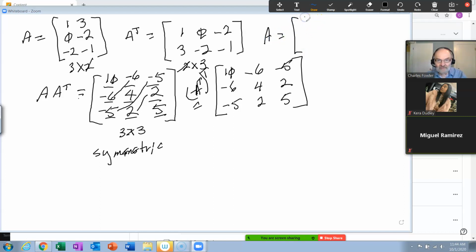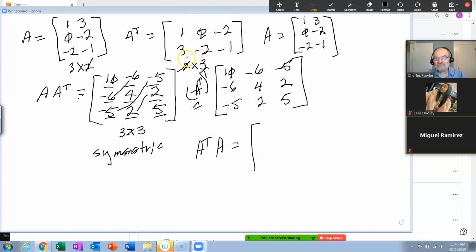So let's rewrite A over here. That's a 1, 3, 0, negative 2, negative 2, negative 1. Just rewrote A over here. And now we're going to multiply A transpose times A. And what does that equal?